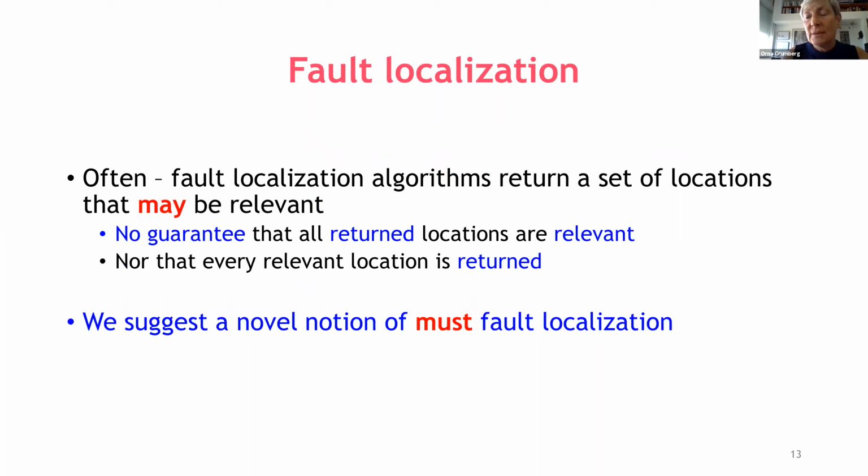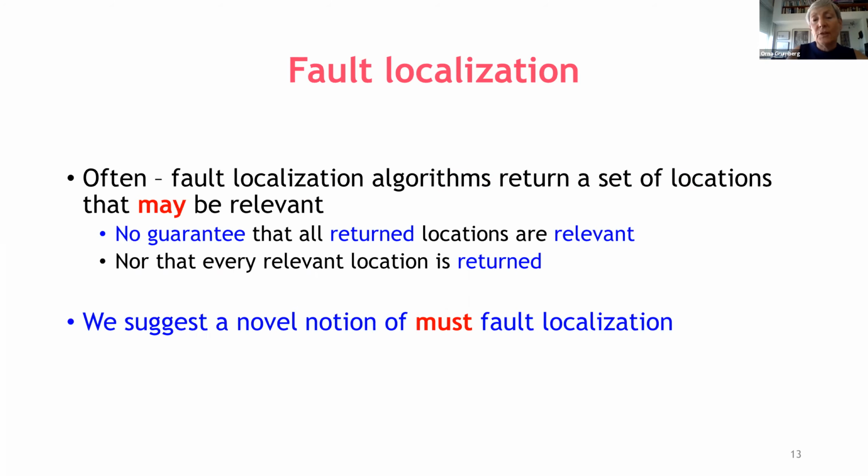In most work in the literature, a fault localization algorithm returns a set of locations that may be relevant. There is no guarantee that the returned locations are relevant, nor that every relevant location is returned.